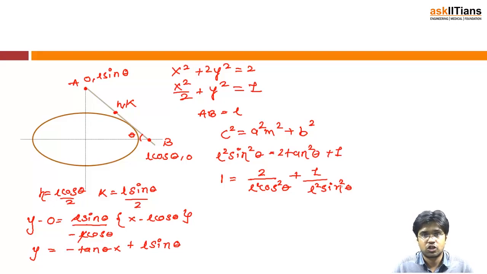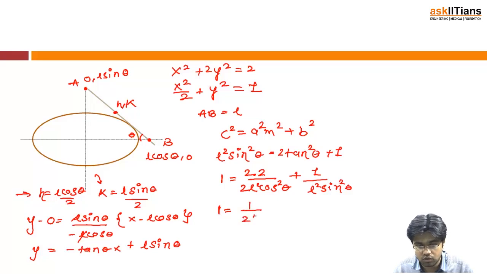Now we have reached a condition where I can directly replace the values of h and k in terms of L cos theta and L sin theta. Look how I will do it. 1 equals 2 divided by L square cos square theta, so multiply and divide by 4: L square cos square theta by 4 is h square, giving 2 upon h square. Again, 1 upon L square sin square theta becomes 1 upon 4 k square.